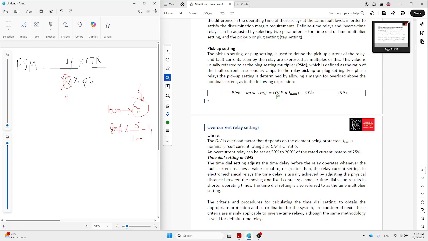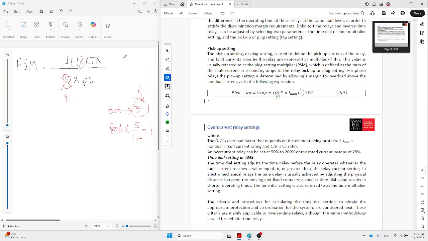To make it a clear value for the CTR, always, as you can see here, it is times, and here it is divide. We are trying to reduce the current at the secondary. So the CTR condition, based on some references, may be divide, and based on some references it is times.